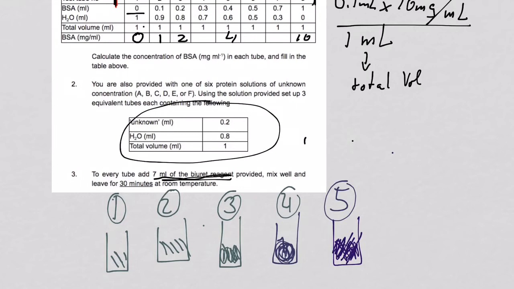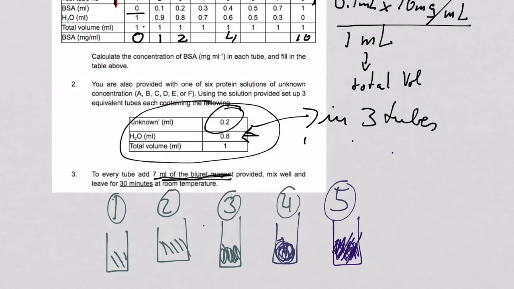From this sample, in 3 tubes, you take 0.2 milliliter, 0.8 milliliter of water, and you've got a total volume of 1 milliliter.